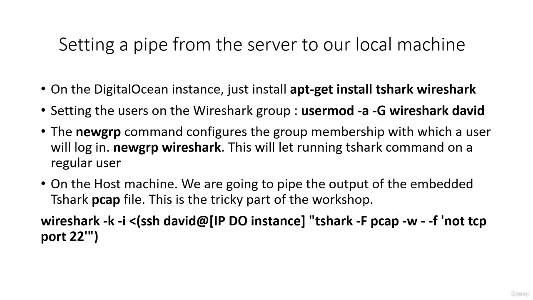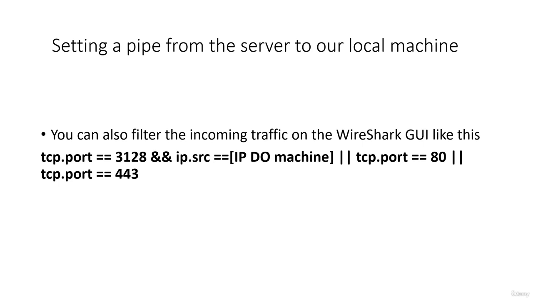This will prompt the GUI of Wireshark which we previously installed, and it will sniff the incoming traffic. You can then also filter the incoming traffic via the Wireshark GUI like this. In the Wireshark GUI interface you have an option in the upper left corner called filter.